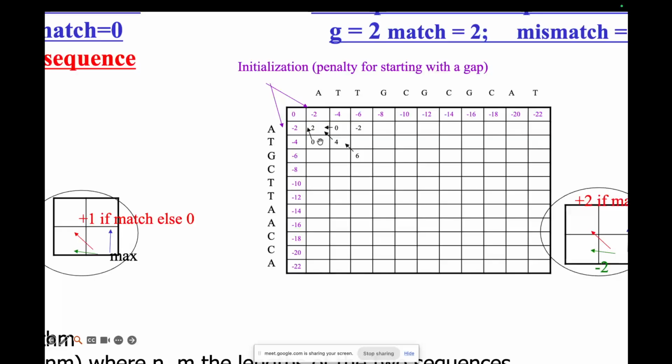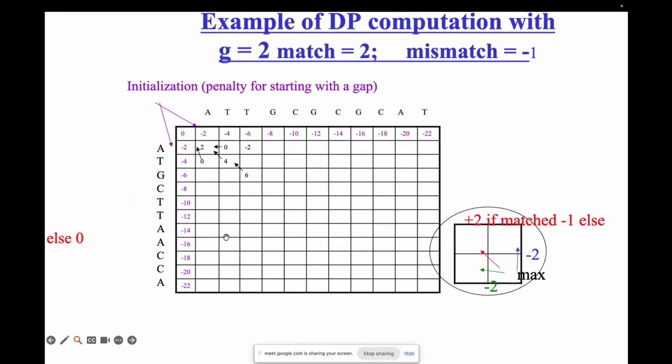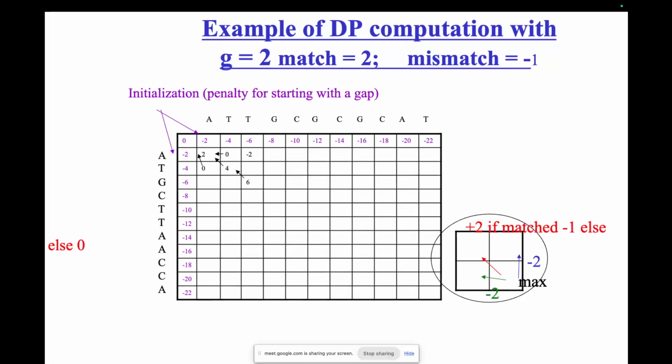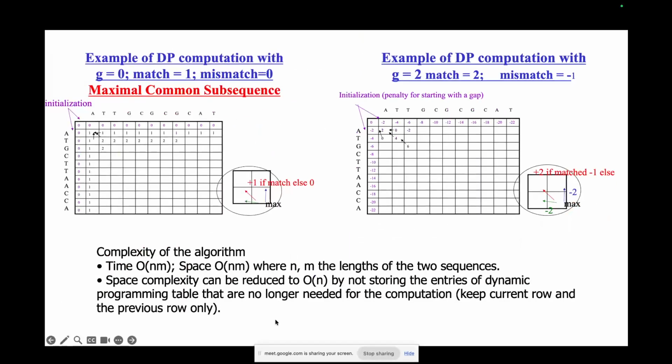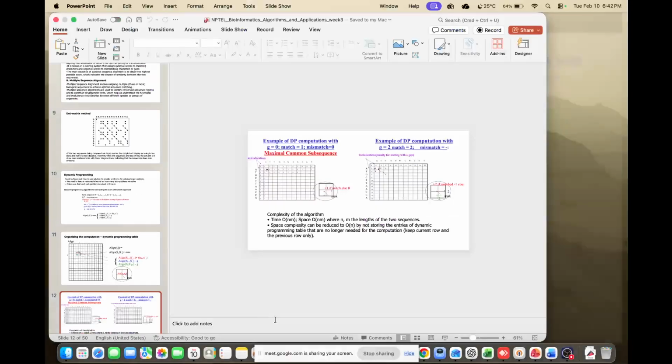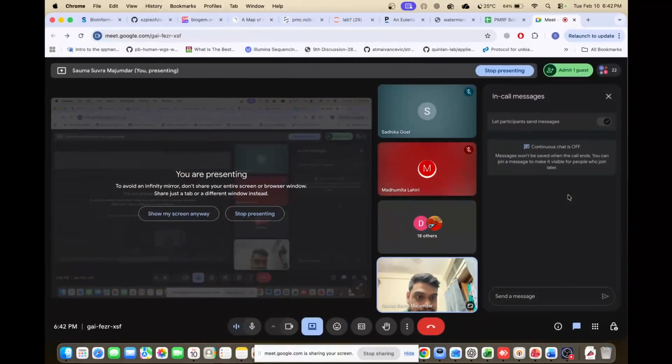So this constrains the starting point, the initialization point of the alignment between any two sequences. Both of them are used depending on what you're trying to do, but this is a more accepted, more frequently used method that you will see. Now a little bit about the algorithm itself.